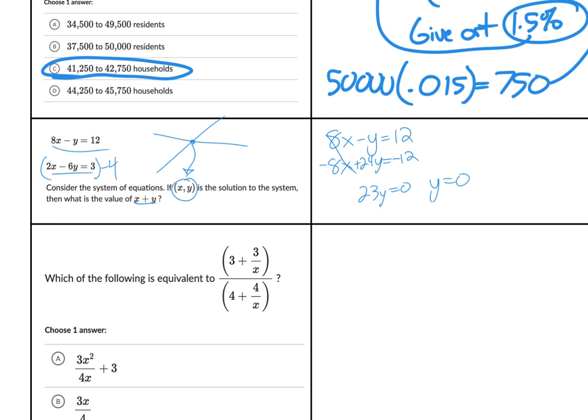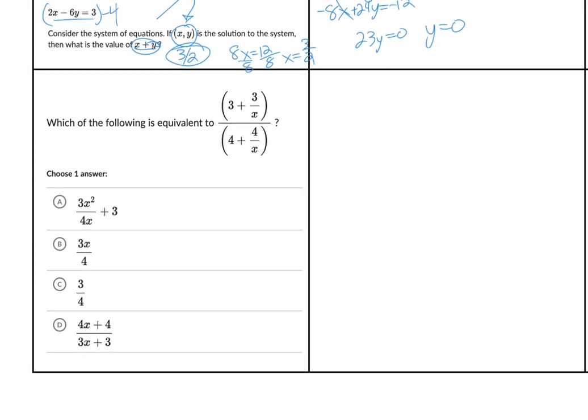Okay, so now if y is 0, 8x equals 12. So divide by 8. x equals, divide those by 4, that's 3 halves. So 3 halves should be my answer here, 1.5. I just graphed and verified that is the answer on Desmos.